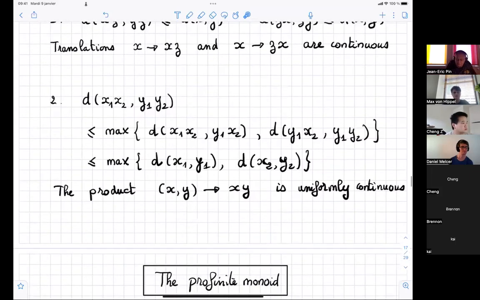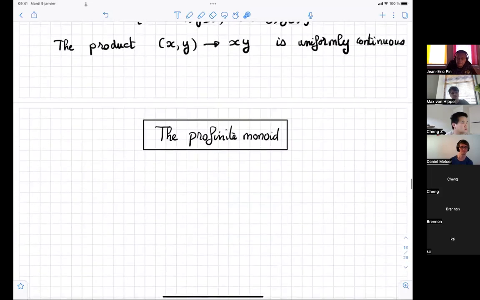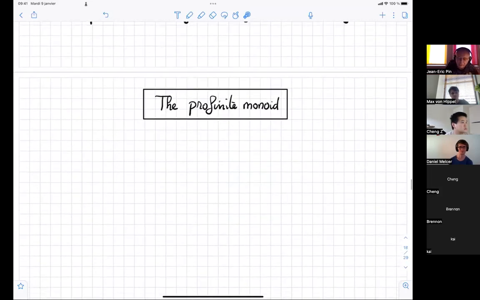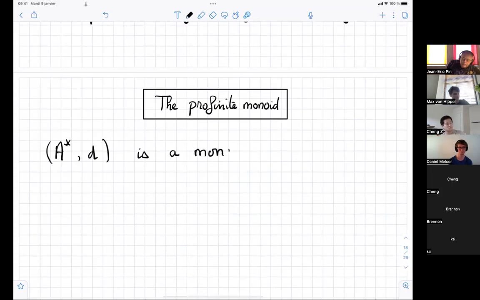So now I'm ready to define the profinite monoid. What is it? We know that A star with the distance d is a monoid, and also a metric space. Okay.